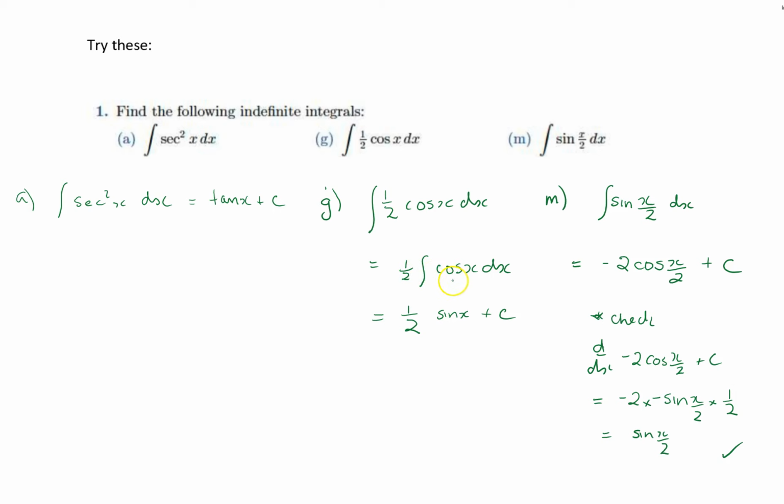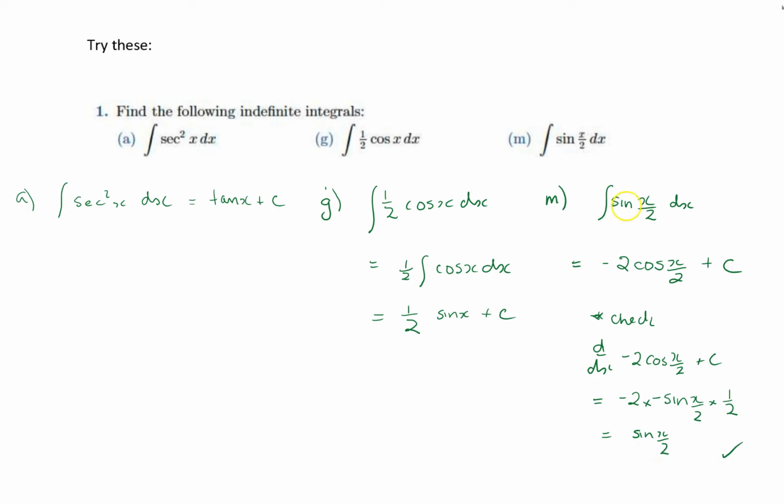And so I've done that in this line, and then thinking about where cos x would come from, we know that comes directly from sine. So keeping your half, integrating your cos, you get sine plus your constant, and you can always differentiate these to check, which I have done for the solution.